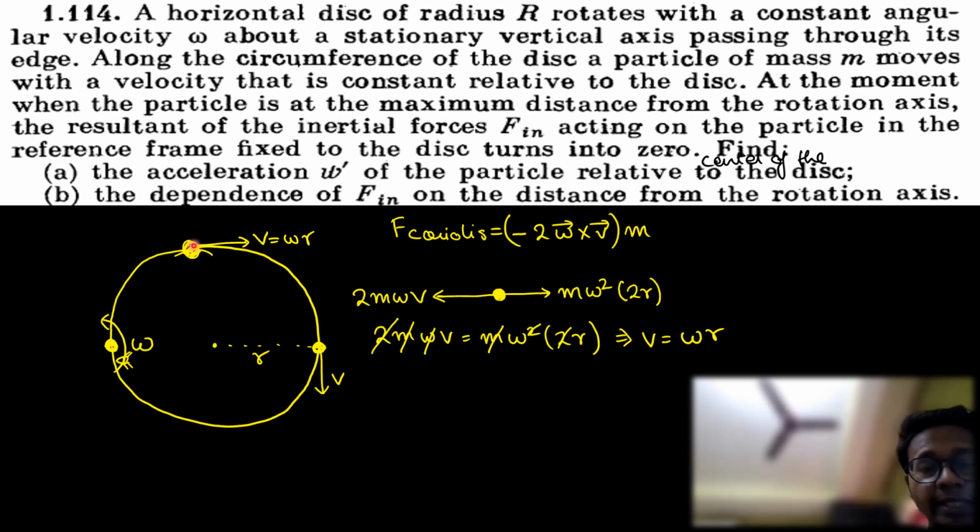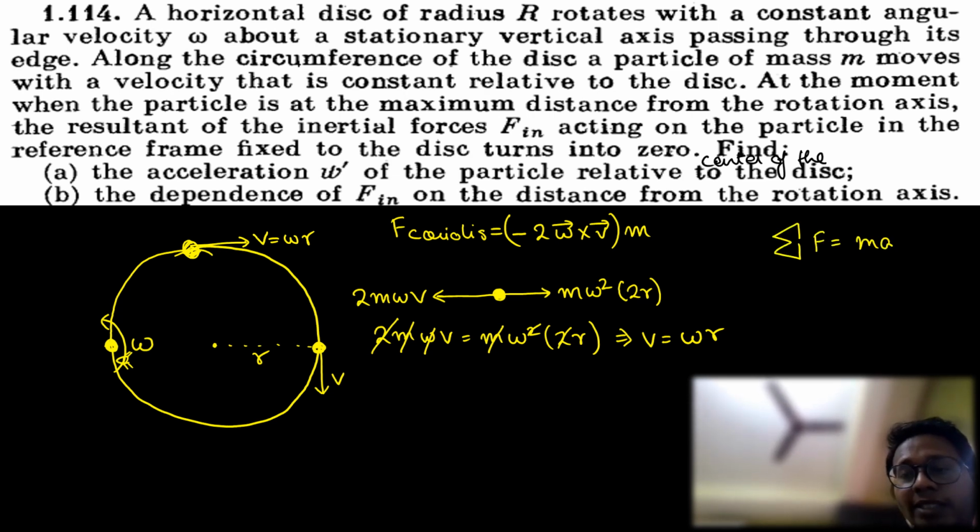So can I say the total pseudo force acting on this particle as seen by this frame of reference is equal to the total inertial force as seen by the outer frame of reference? Because to support this pseudo force, the outer force would be seen as inertial, no? Understood? Inertial force means, in mechanics, net force is equal to mass into acceleration.